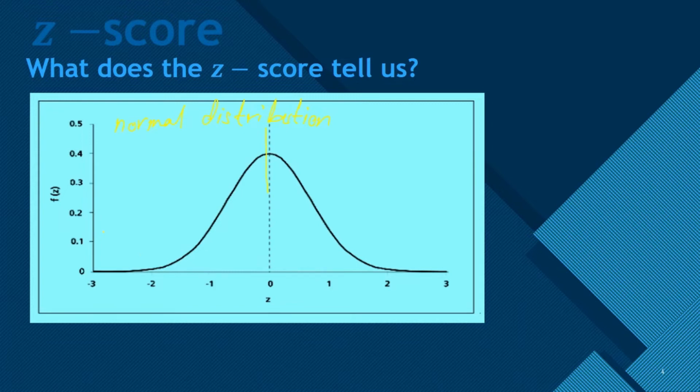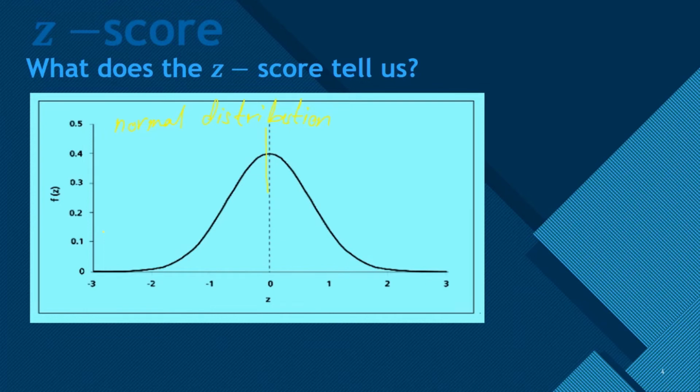z-score natin. Okay? So, z-score, kung makikita nyo dyan sa module ninyo, yung definition ng z-score, z-score is tinatawag din na standard score. Is the number of standard deviations by which the value of a raw score is above or below the mean.